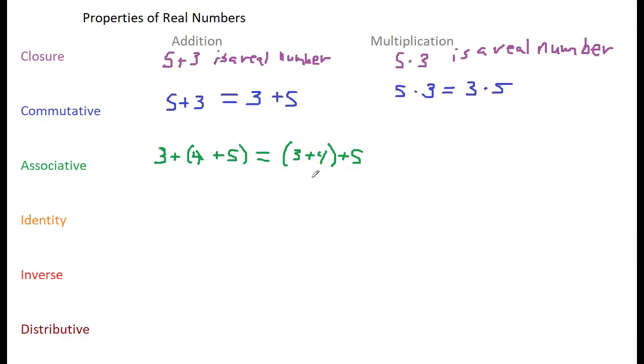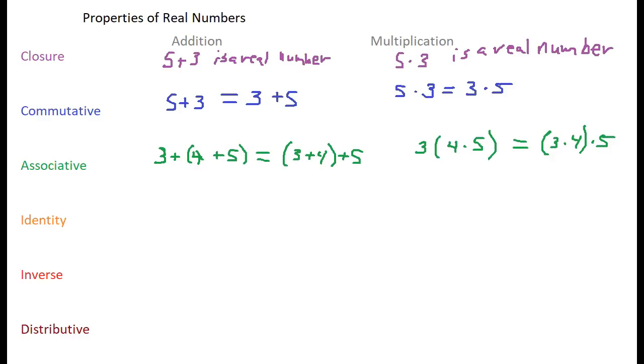All it's doing is changing the groups it associates with. It's the same with multiplication. I could say 3 times the product of 4 and 5, or I can say the product of 3 and 4, multiplied times 5. It doesn't matter if you change the groups. You will still get the same answer for addition and multiplication.